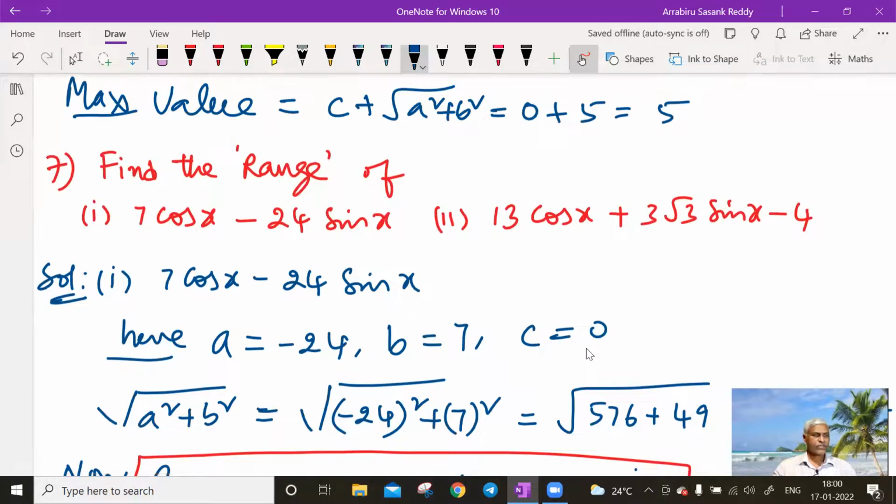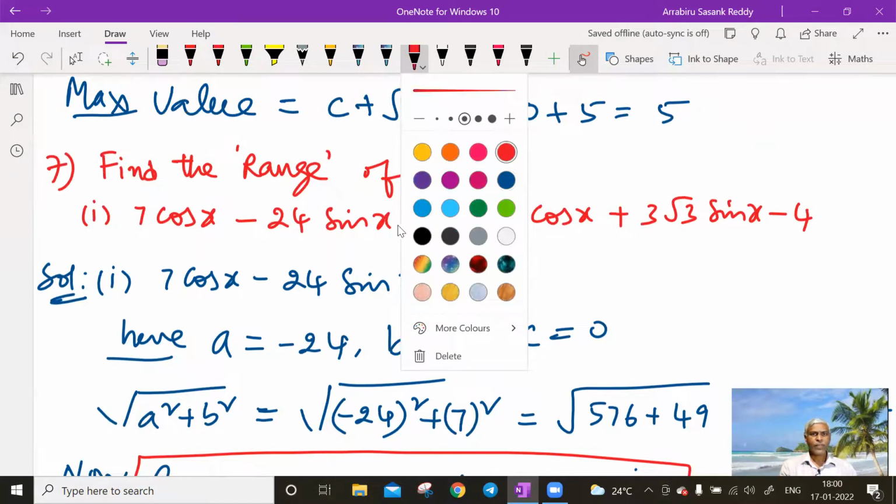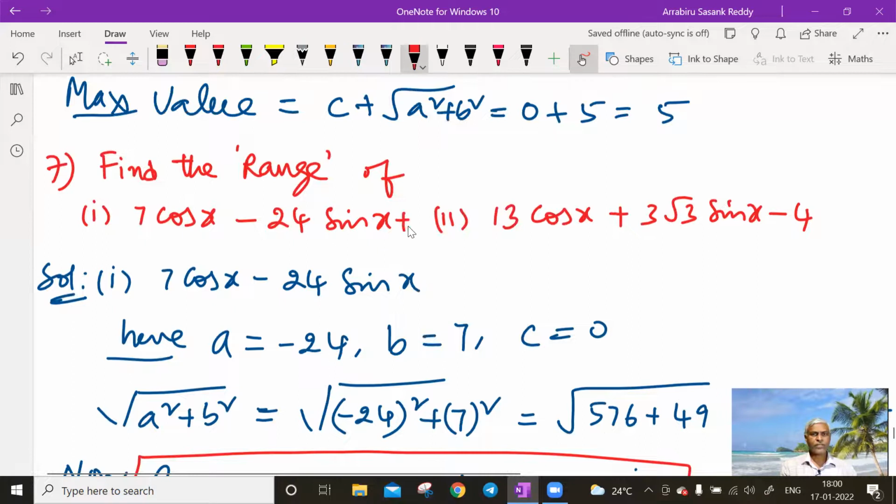Okay, now let us take the c value also. 7 cos x minus 24 sin x plus 5, yes, so c value is 5.